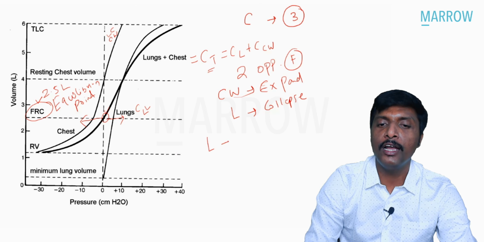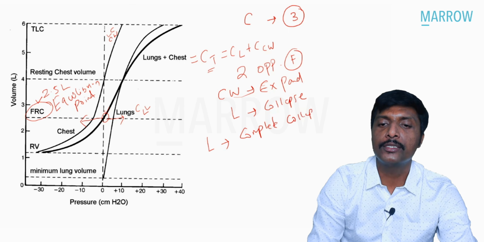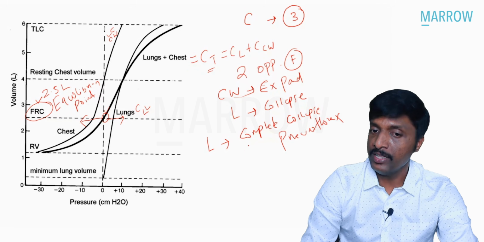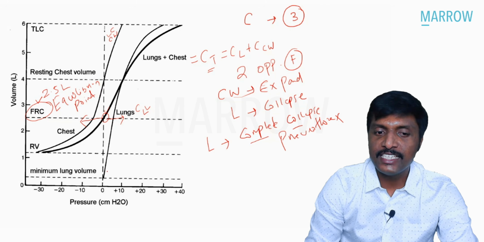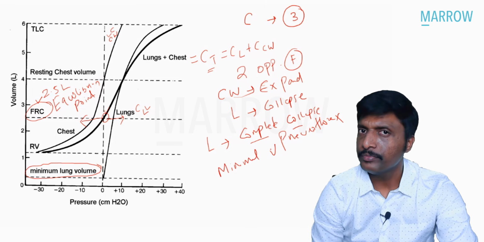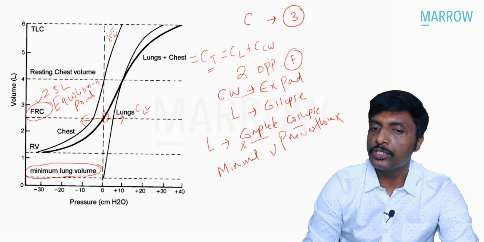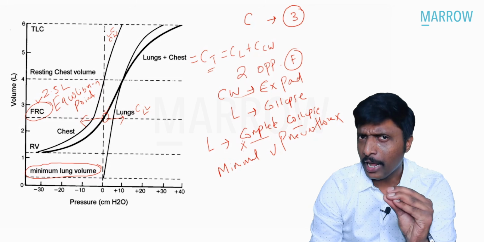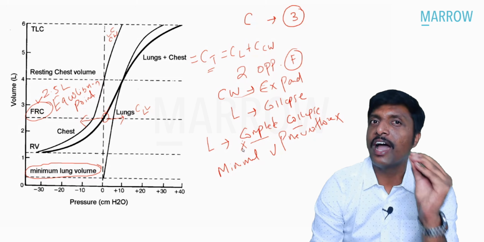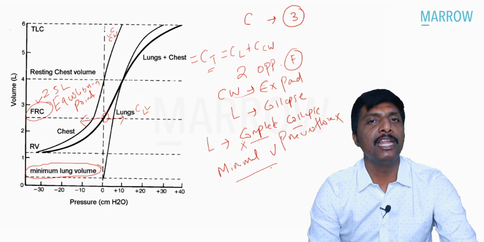If you allow the lung to undergo complete collapse, for example, the clinical state pneumothorax, even the lung undergoing complete collapse still encloses some volume of air that is called minimal volume. Even that collapsed lung still encloses some volume of air, and that volume is called minimal volume.